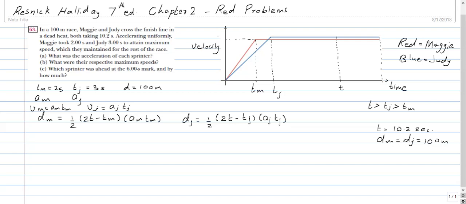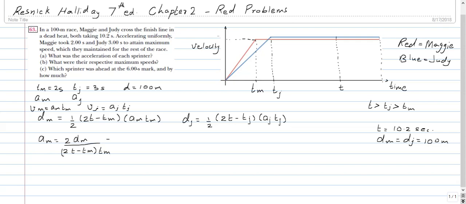So let us find what is going to be am. Am is going to be simply 2 times dm divided by 2t minus tm, times tm.